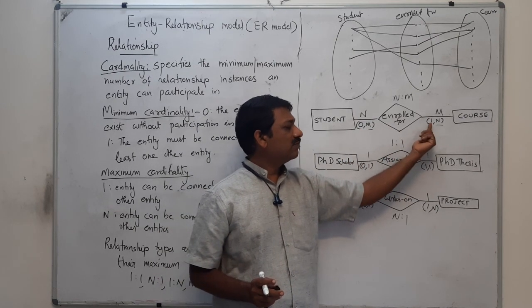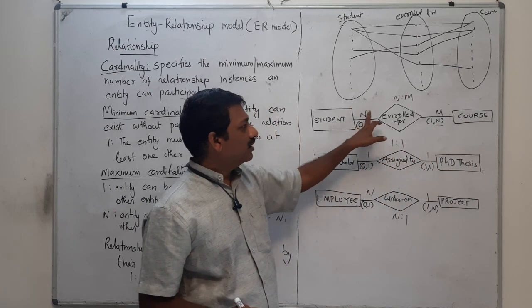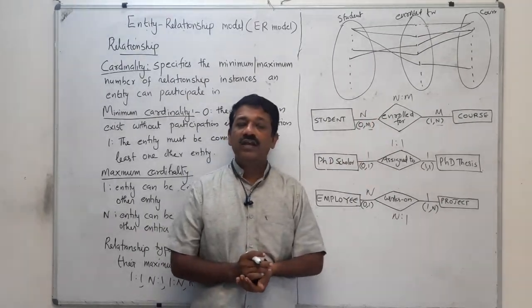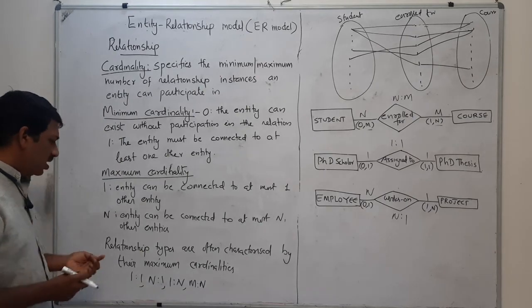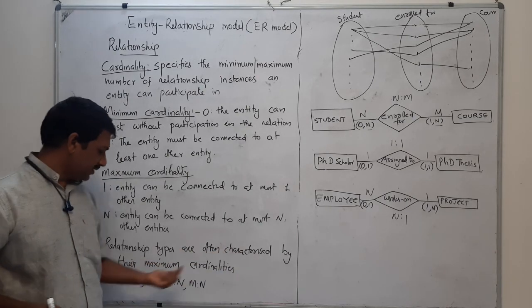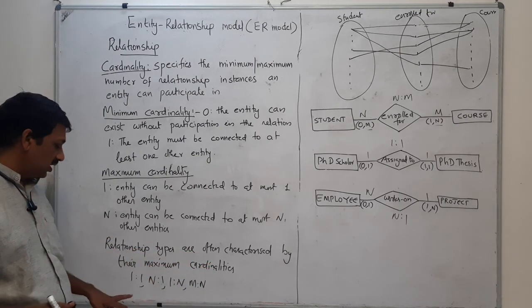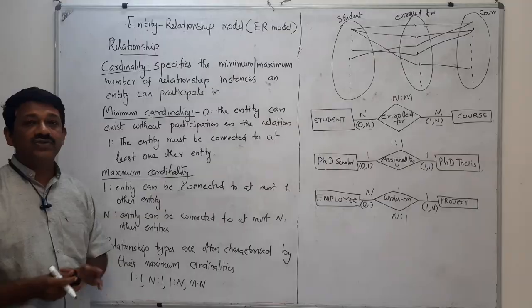If in another way n and m are given here, then it represents an n:m relationship. Now, relationship types are often characterized by their maximum cardinalities only, that is 1:1, n:1, 1:n, and m:n.